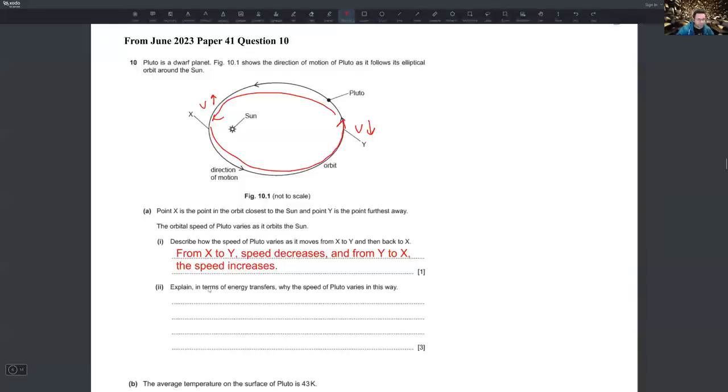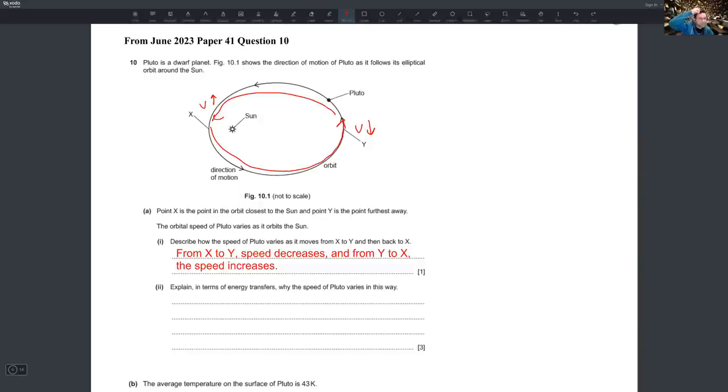Next. Explain in terms of energy transfers why the speed of Pluto varies this way. Tell me, why does the speed change this way? Because as you move from, let's just say, choose one of them, as you move from X to Y, the gravitational potential energy increases and the kinetic energy decreases.